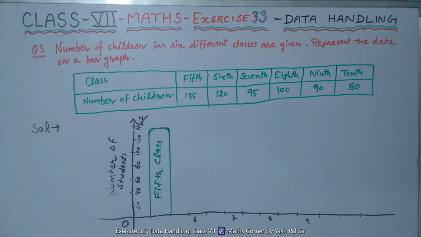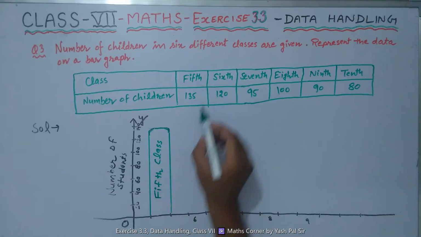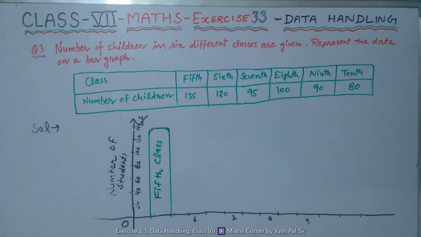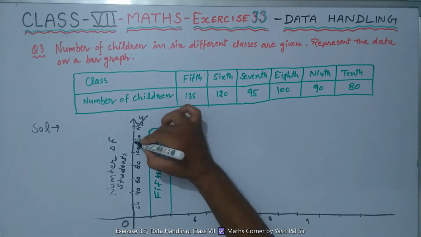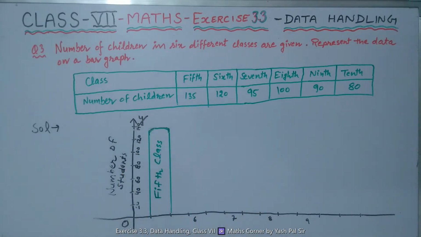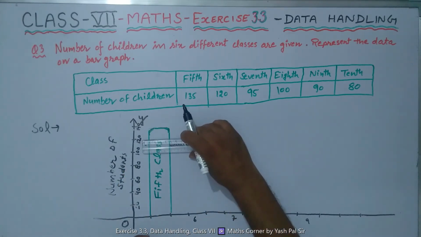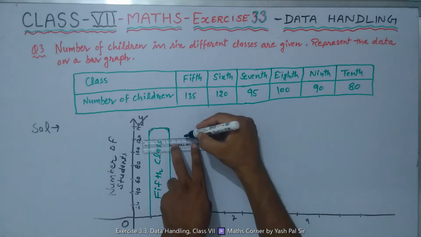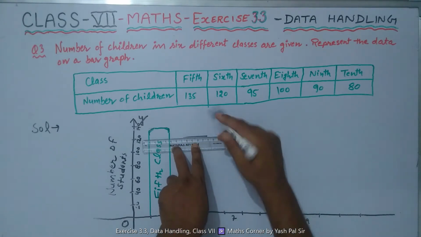How many students are there? 120. So where is 120? This is the exact number, 120. So from here we can draw this line.